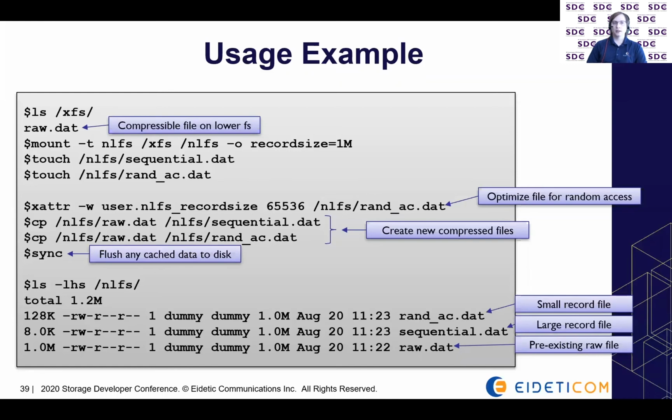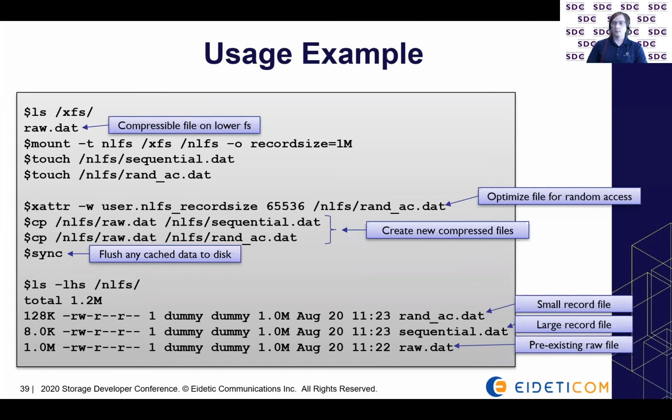And we're then going to optimize the rand.dat file for random access using the X-attribute write to NLFS record size, setting it to 64K. Reducing the record size of a file decreases the size of a record that needs to be read from disk, allowing for faster random reads.